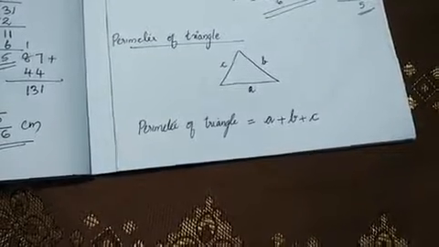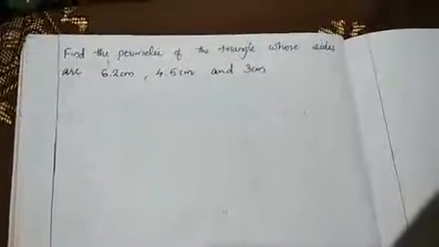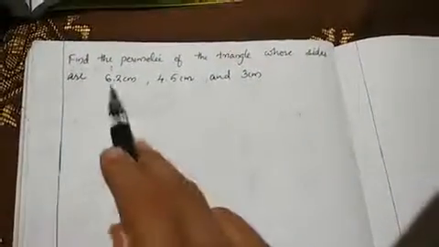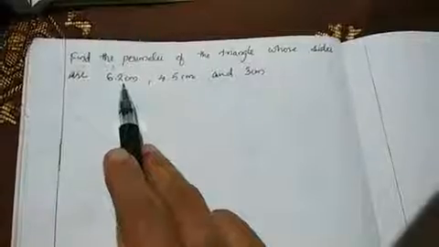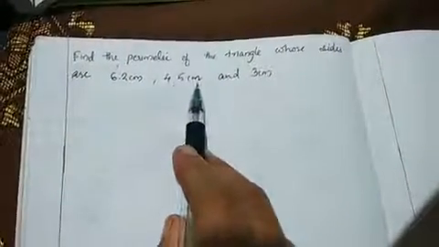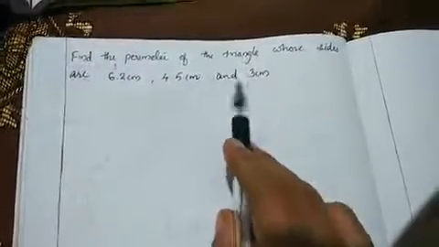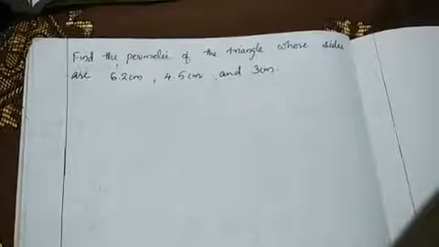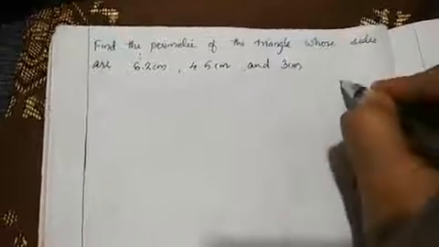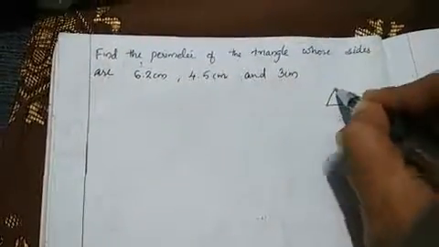Now write one question. Find the perimeter of the triangle whose sides are 6.2 centimeter, 4.5 centimeter and 3 centimeter. So in this question you can see the length of the sides are in decimal numbers. We didn't start the chapter decimal numbers, but I'll say how to add the decimal numbers. So we can draw a one rough figure of a triangle.